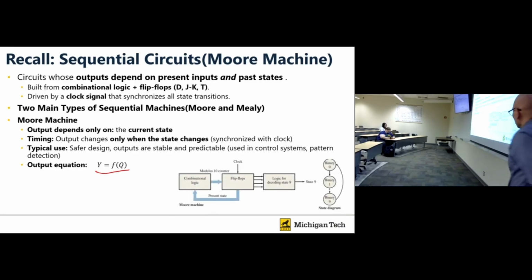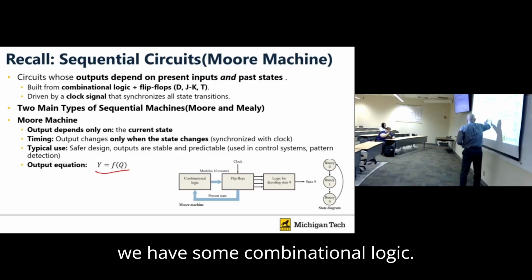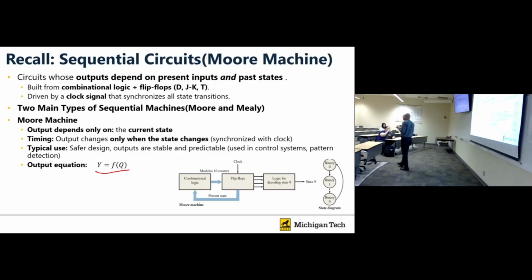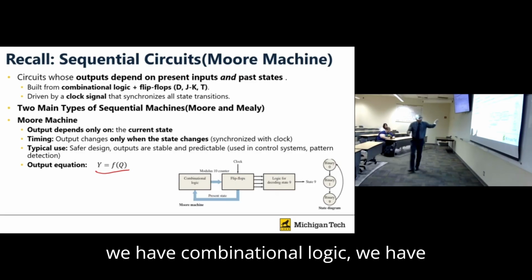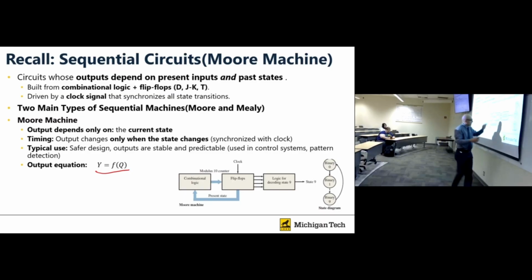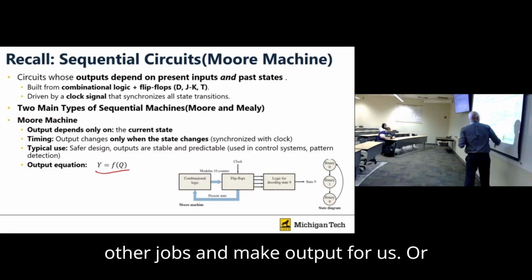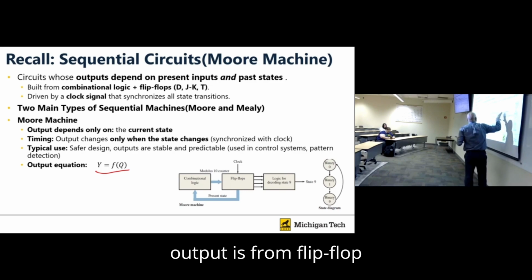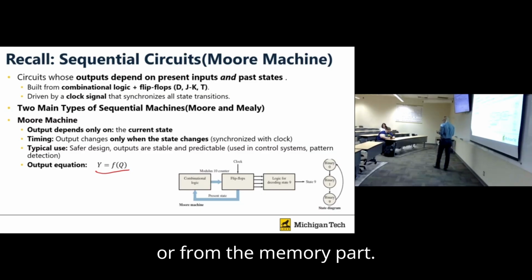So this is the diagram that we had before. We have some combinational logic. We always have combinational logic. We just add some memory to the system. So we have combinational logic, we have memory. We might have another part that does some other jobs and makes the output for us. Or maybe this is just the output. But the output is from the flip-flop or from the memory part.